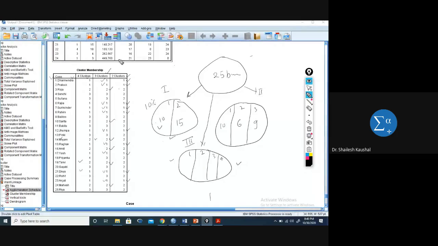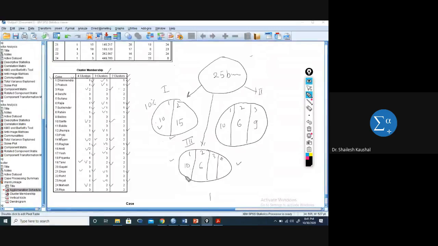Now if I create 4 clusters, how many people in cluster 1? 1, 2, 3, 4, 5, 6, 7, 8, 9, 10 people here. And in the second cluster, 1, 2, 3, 4, 5, and 6 people in the second cluster.